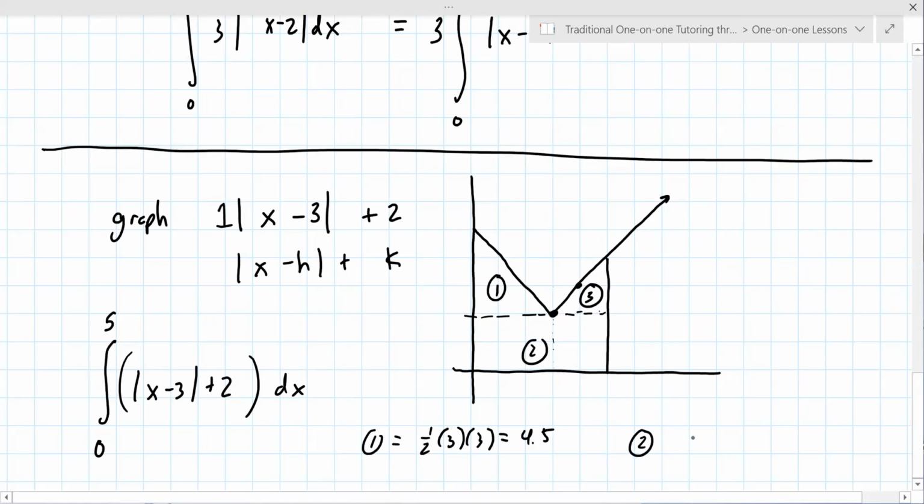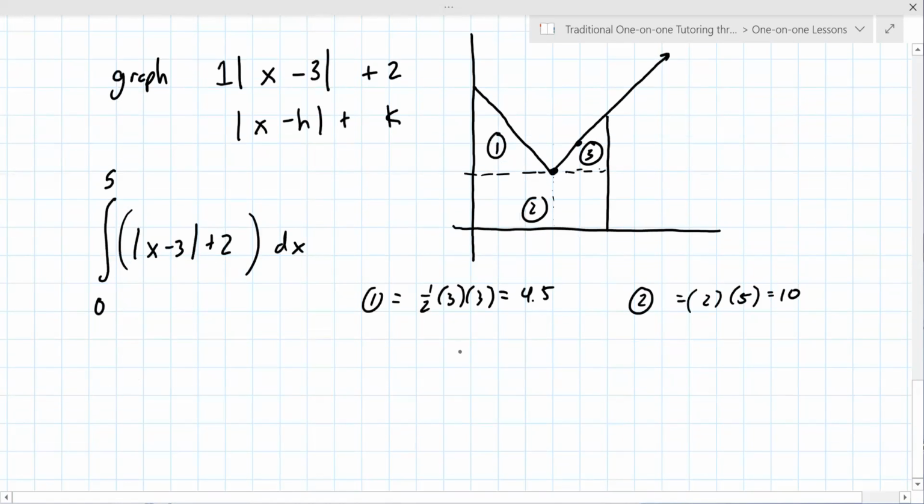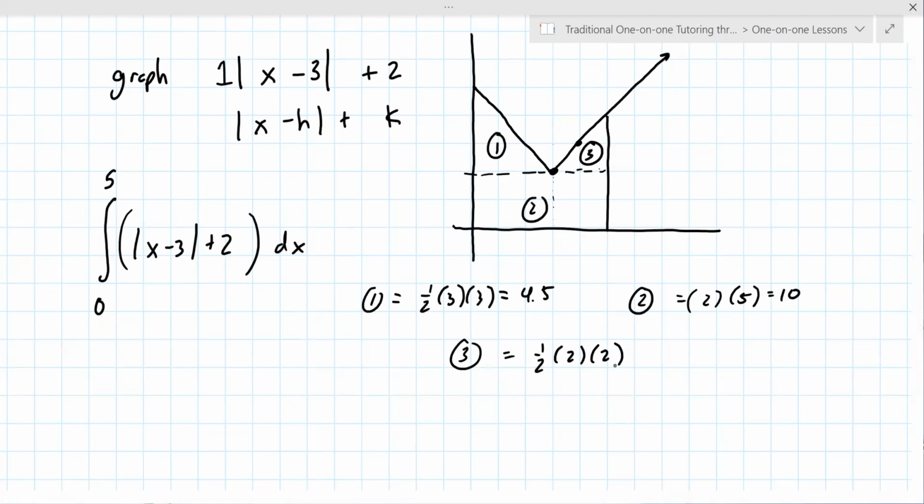And then 1, 2. So it's 14 plus 5 plus 2, 16.5. Yeah, that's good. Okay, great.